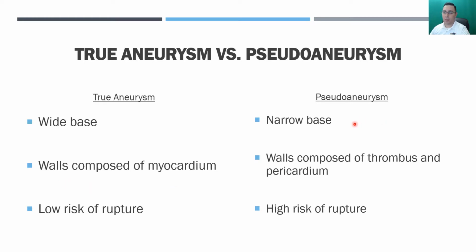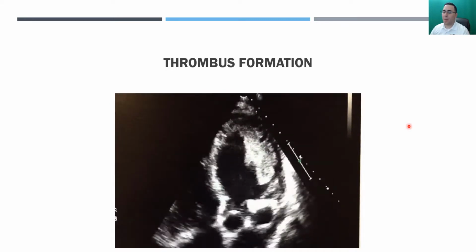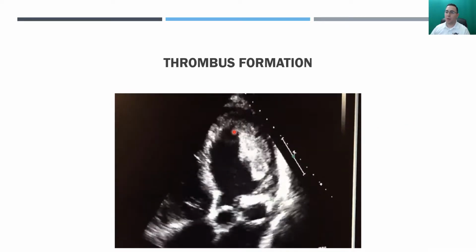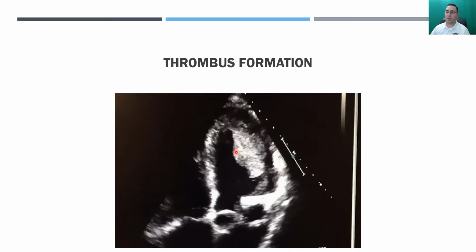In the pseudo one, the walls are composed of thrombus and pericardium, so that's why we have a high risk of rupture here. And for the true one, we have a low risk of rupture, so that makes the pseudoaneurysm a medical emergency, so that's good to know. All right, look at this one. This is another complication. So here in this wall, we have a thrombus right there.